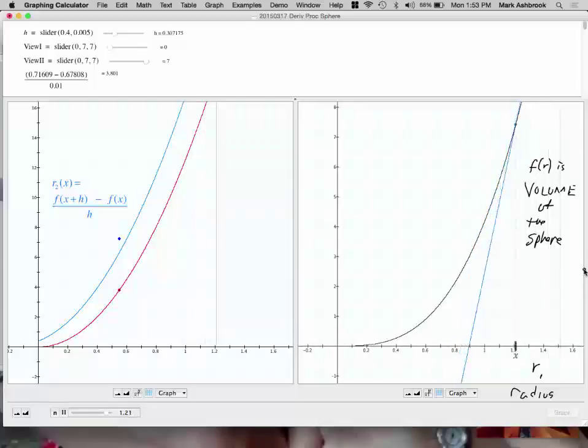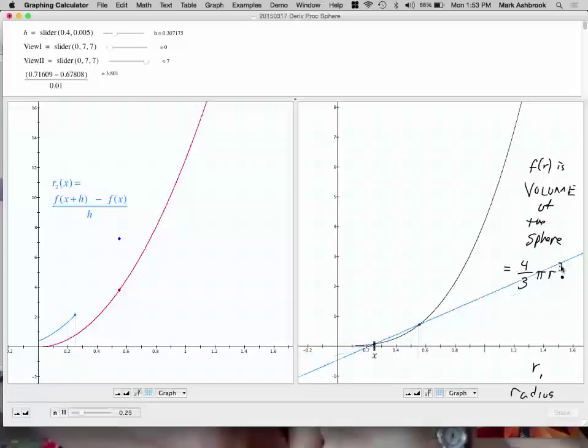What is that formula? Who remembers? Pi r squared, 2 pi r, 4/3 pi r cubed. 4/3 pi r cubed is the volume.